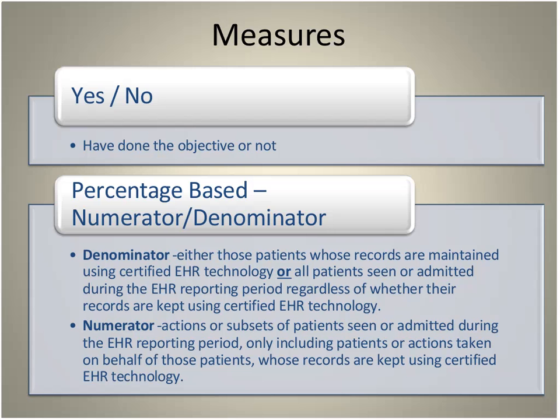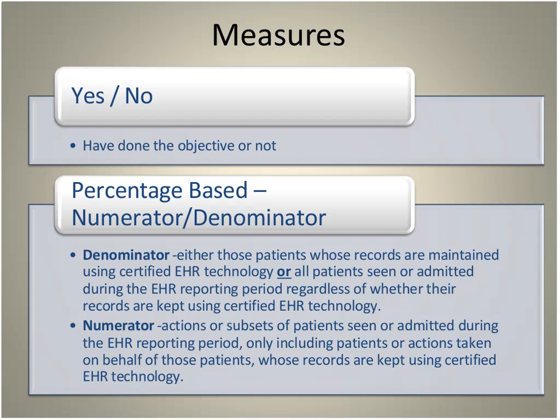So from a calculation of a percentage, you need a numerator and a denominator. The denominator is basically the population, total population that is included in the measure. And typically there are two different denominators that can be used. Those patients whose health records are maintained in the certified EHR, that can be one type of denominator.